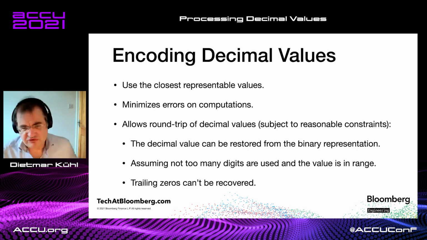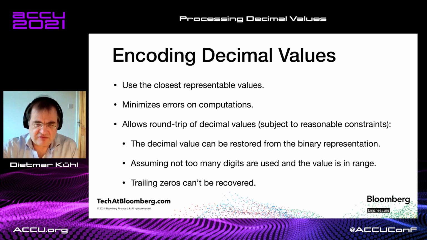And it allows round trip. So basically, if you store a decimal value into a binary representation with certain constraints, essentially the number of digits you have and that you're staying in the range of binary floating point, then you can get the same value back. You cannot necessarily get the exact digits back because with something like 0.10, if you input that, the computer kind of forgets about the zero.